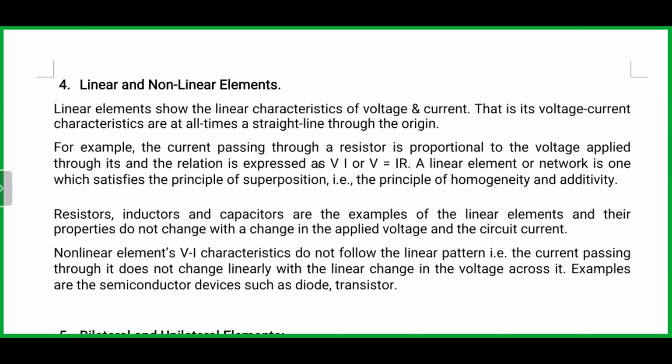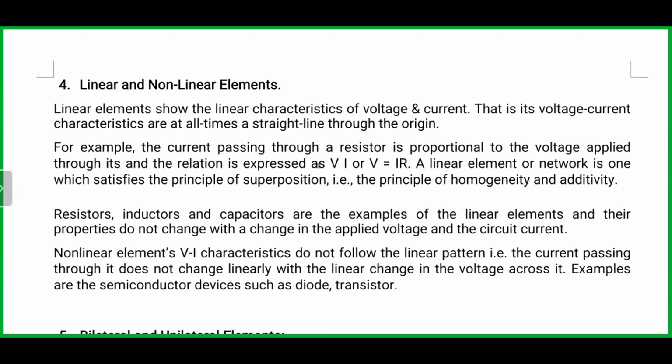Resistors, inductors, and capacitors are examples of linear elements, and their properties do not change with a change in the applied voltage and the circuit current.